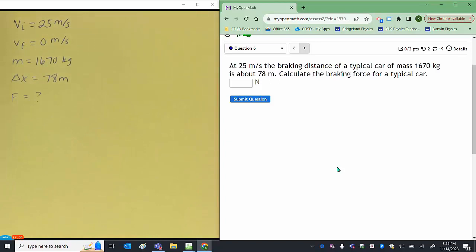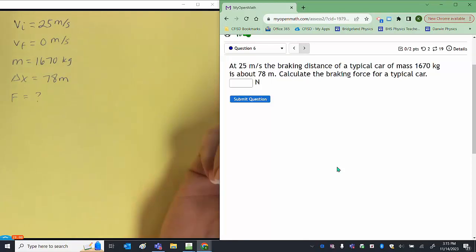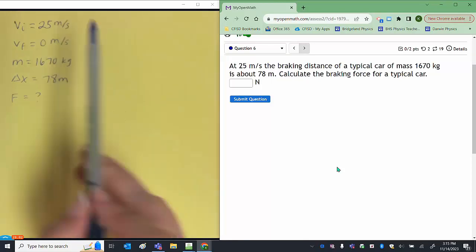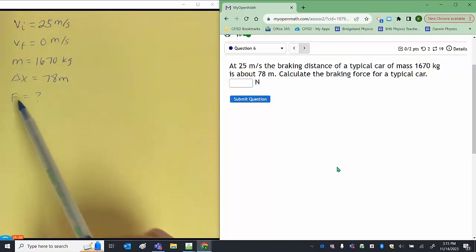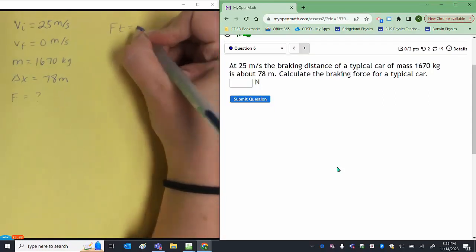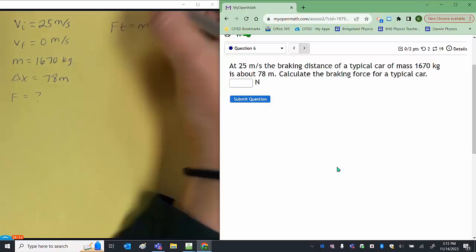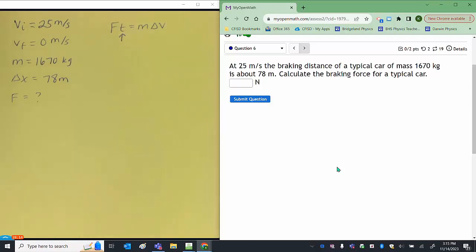Okay, so in order for me to solve for force, looking at this, I see VI, VF, M, and F, and so I know that I have this equation, F times T equals M times delta V. However, I can't use it because I don't currently have time. So a good first step would be to figure out the time.